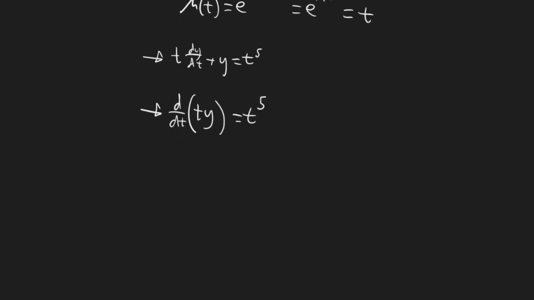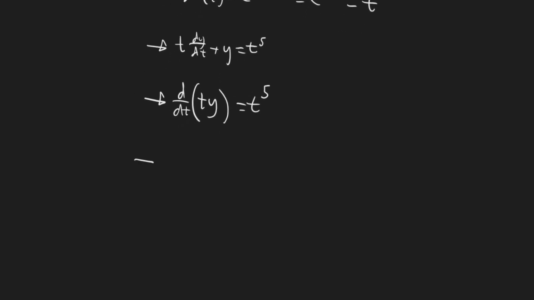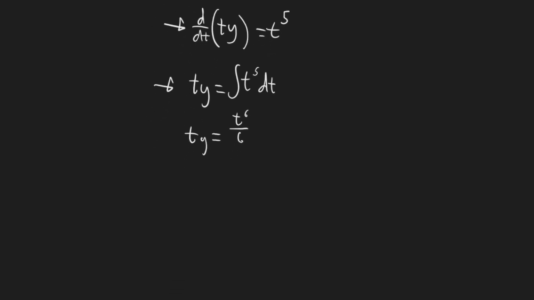Okay, here we go. And so now the next step is to integrate both sides with respect to t, which is going to leave us with ty equals the integral of t to the 5th dt. So ty then equals, this is a nice integral, this is just t to the 6th over 6. And of course we still can't forget our plus c, so we're going to leave that there. So now we can solve for y.